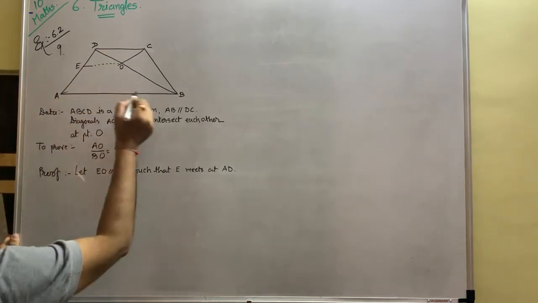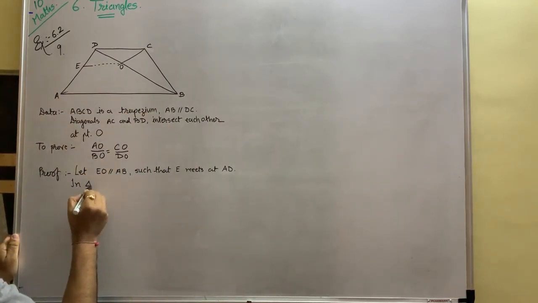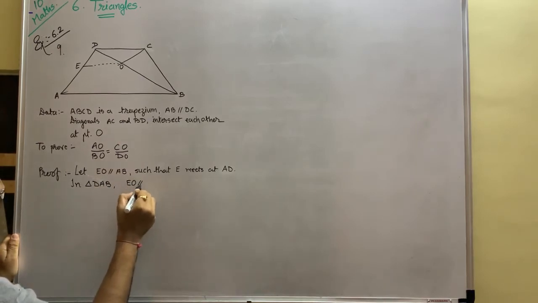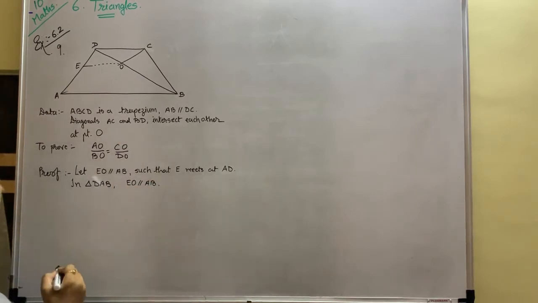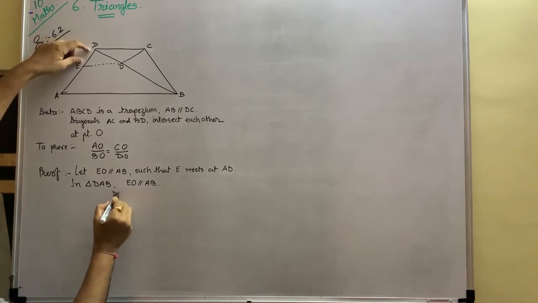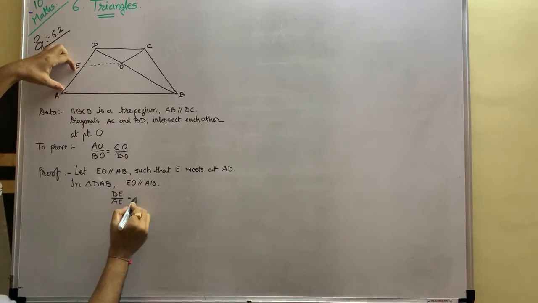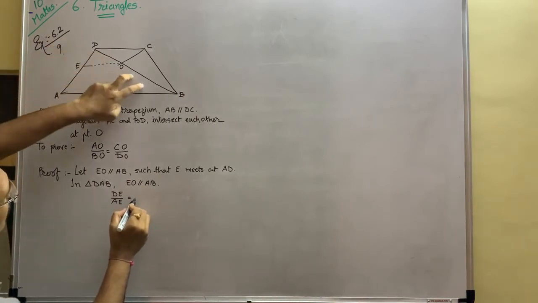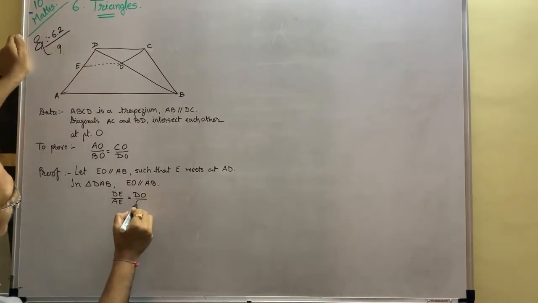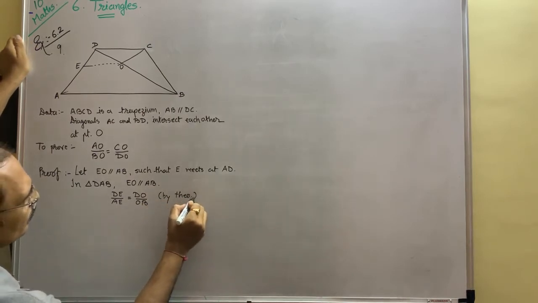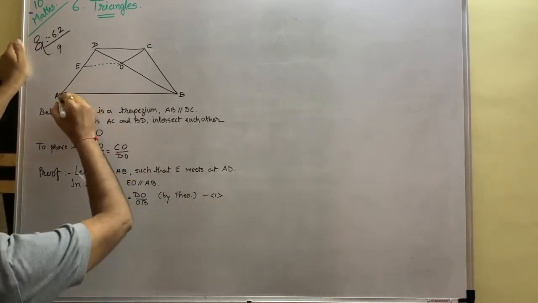In triangle DAB, EO parallel to AB, so sides are in the same proportion: DE upon AE equals DO upon OB, by Thales theorem, result number 1.